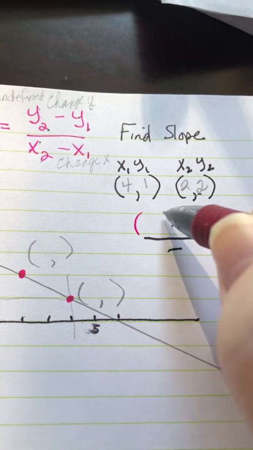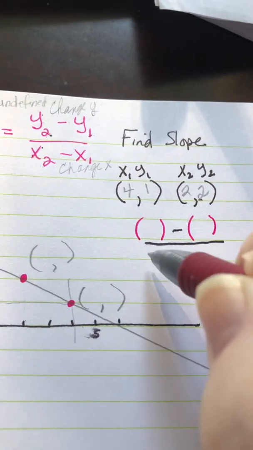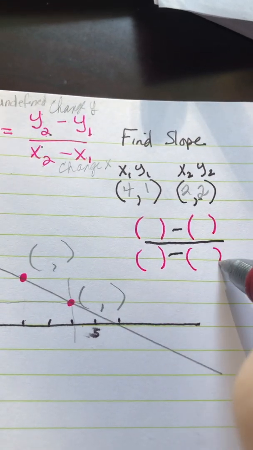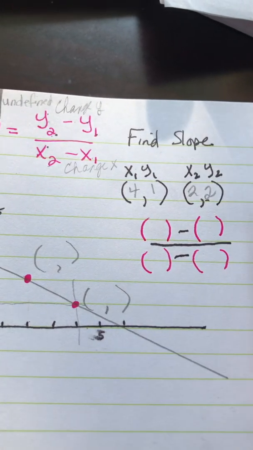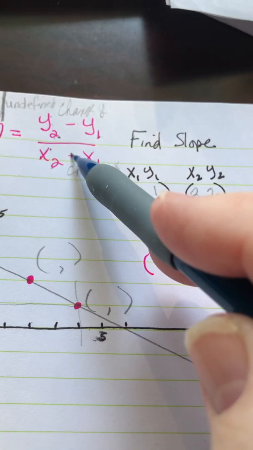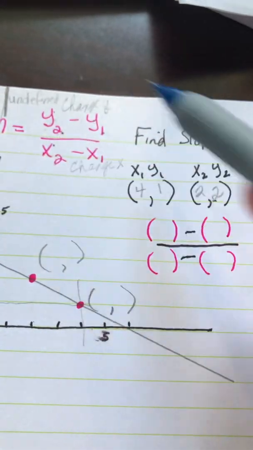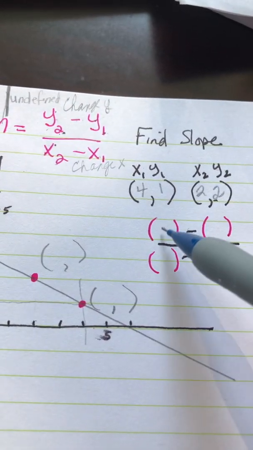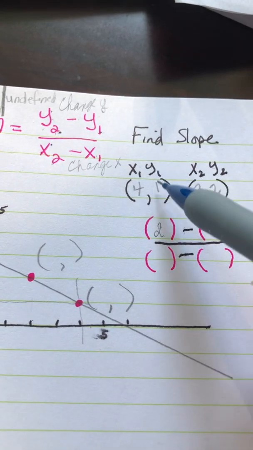The other thing I do is I put some parentheses in here, because especially if you have negative numbers, it just helps you separate with your eye the negative from a number and the subtraction sign that's in the formula, because you have to have those subtraction signs. So the y from the second set is the first number I'm going to put up here. Y from the second set is a 2. And I'm going to subtract the y from the first set.